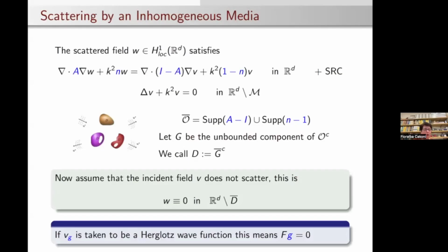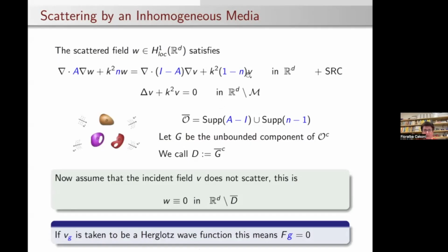So let me now try to figure out mathematically how to find those wave numbers for which we have this non-scattering superposition of plane waves. It is easy: instead of looking at the equation for the total field, we look at the equation for the scattered field, and the equation for the scattered field becomes this one.